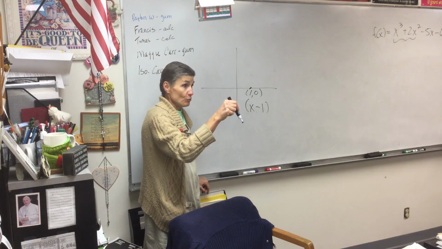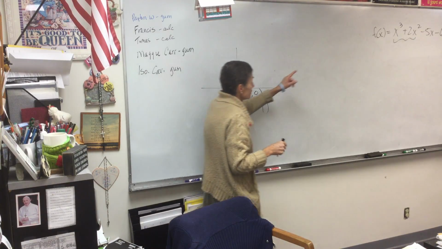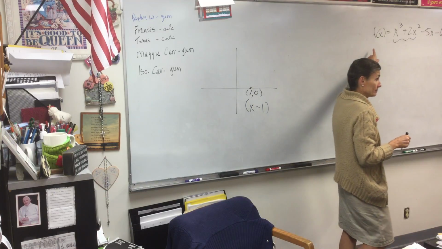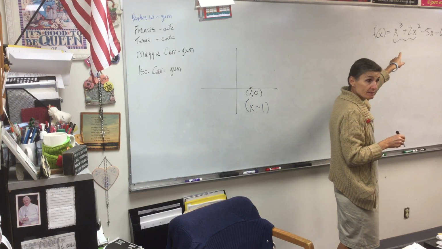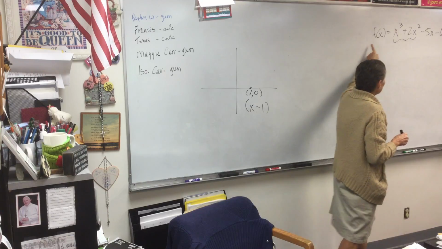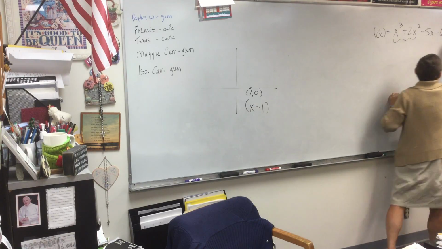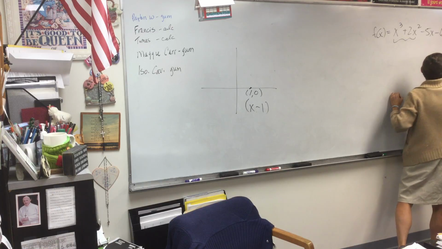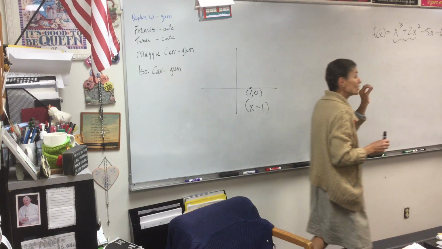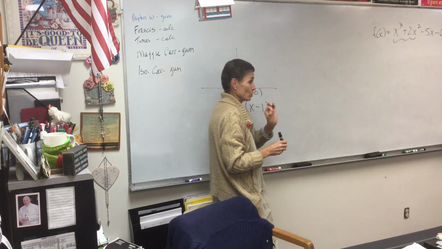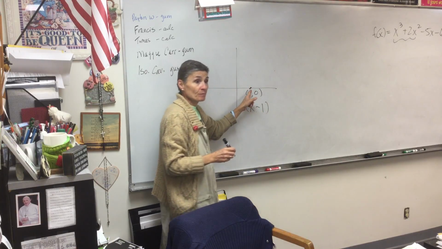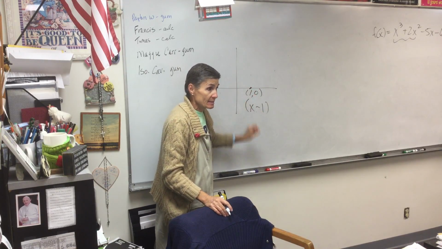So what we're going to do right now is we're going to guess. We're going to guess numbers, and we're going to plug them in and try to get it to equal 0. That's what we want. We want to know what numbers I'll plug in that will give me 0.